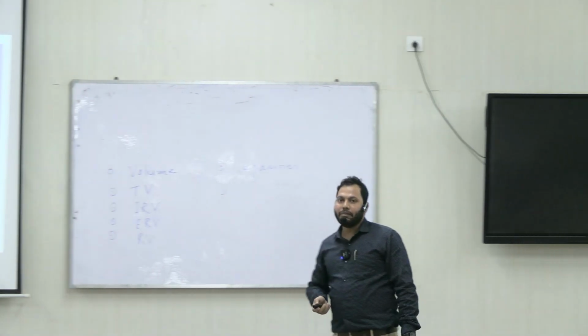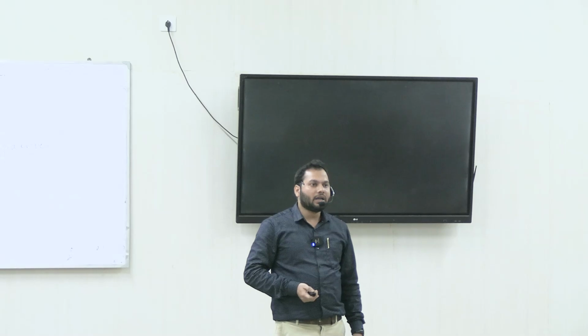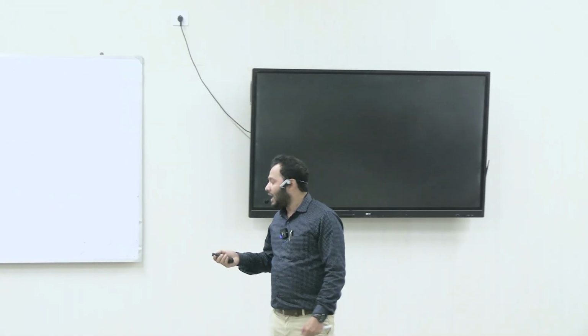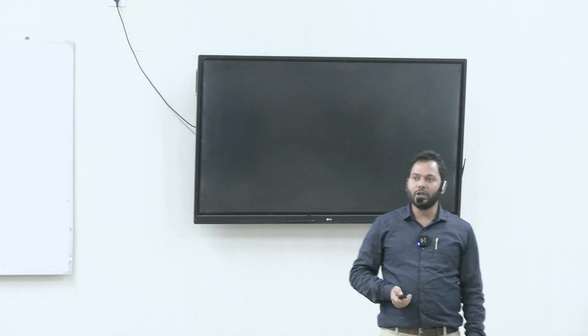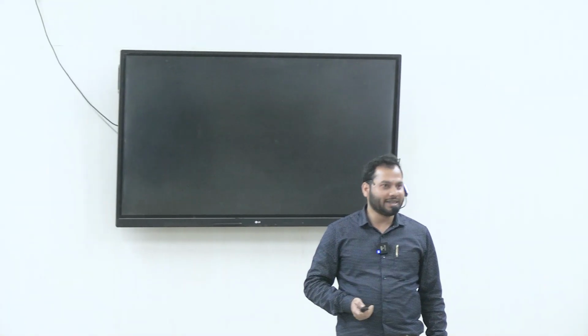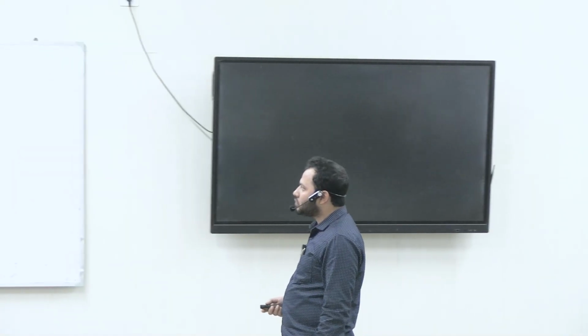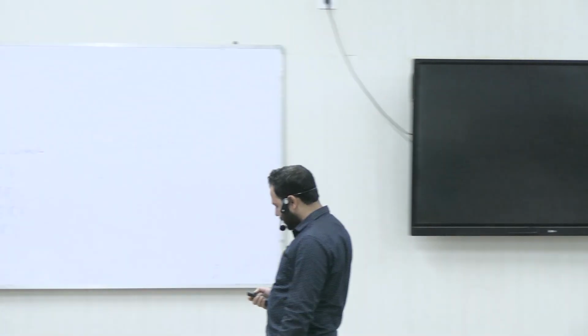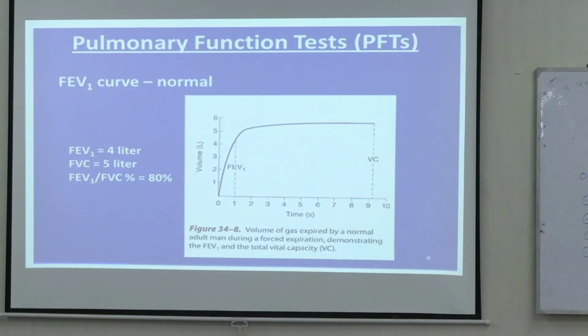This can be explained by a particular curve called the FEV1 curve, that is forced expiratory volume during the first second of forced vital capacity. So this curve is very essential. What are the most important features of this curve?